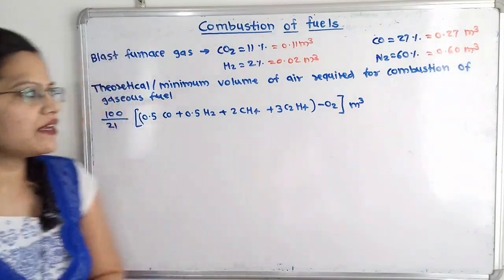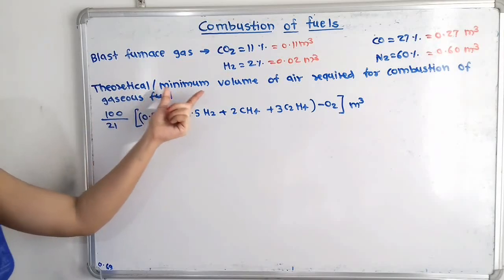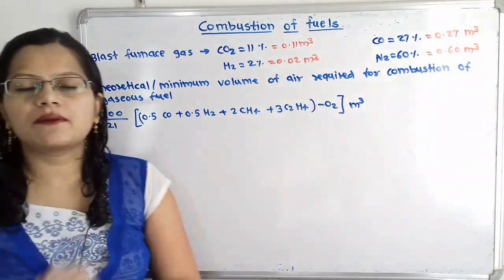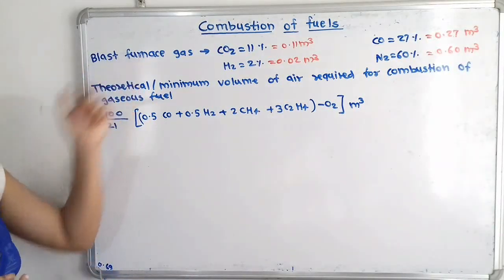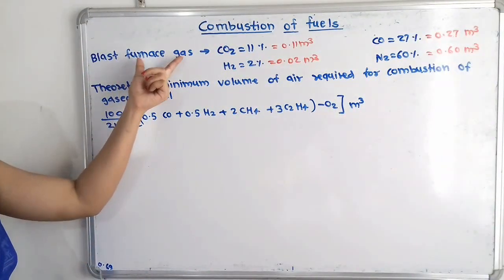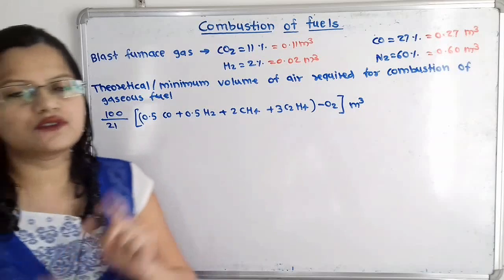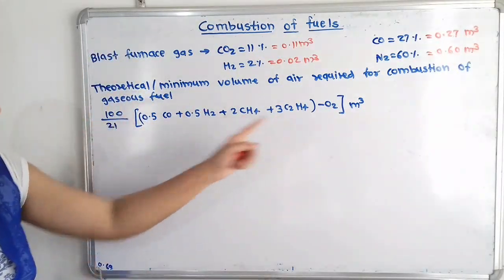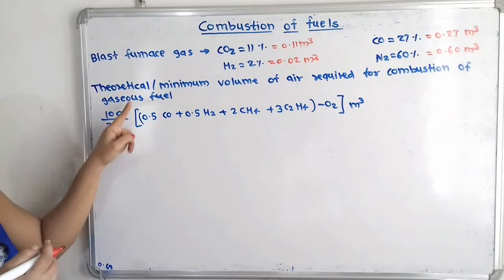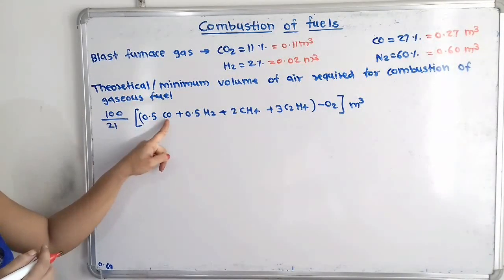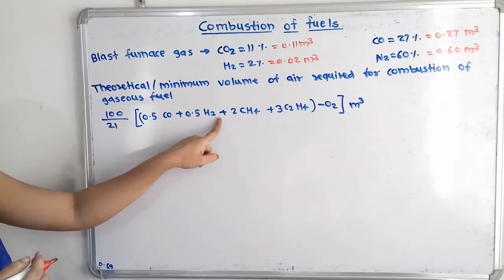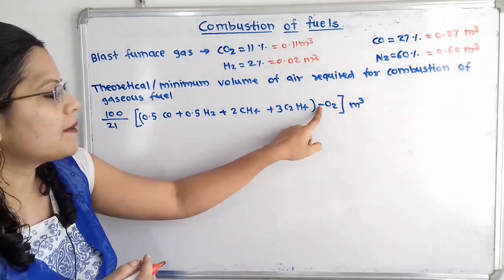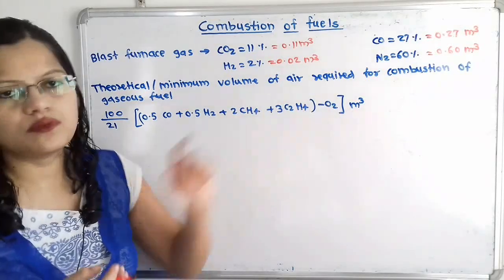Now we have to find the theoretical or minimum volume of air required for the complete combustion of the gaseous fuel. How to calculate this amount of air? We have a formula. We write this formula: 100 by 21 in the bracket 0.5 CO plus 0.5 H2 plus 2 CH4 plus 3 C2H4 bracket complete minus O2 meter cube.